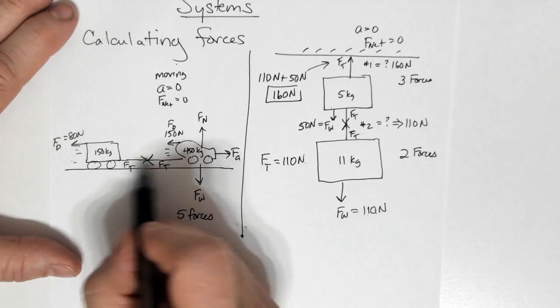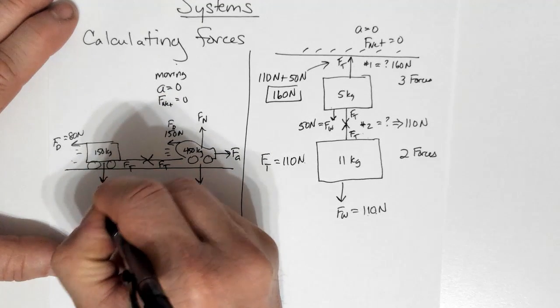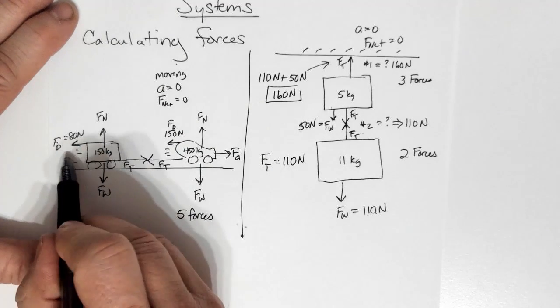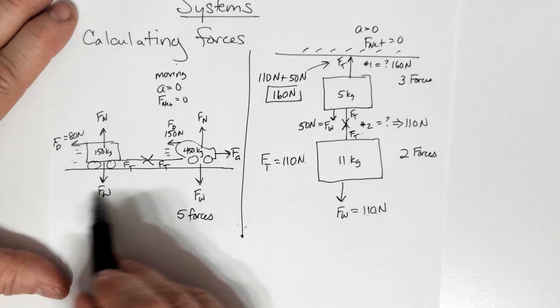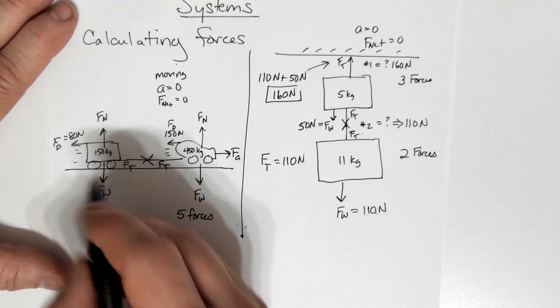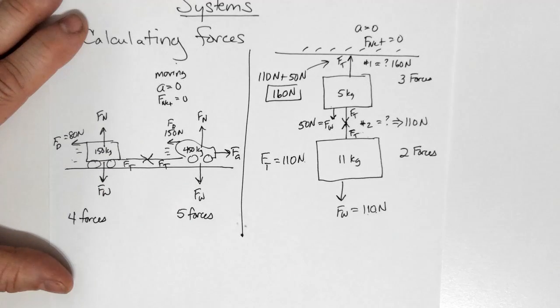And they're equal, the same numbers. There is also a weight, and there's a support force from the ground, and there's drag. And I don't see any more. We know it's not has an engine, so we have 1, 2, 3, 4 forces. So there are the forces that I would identify for that picture.